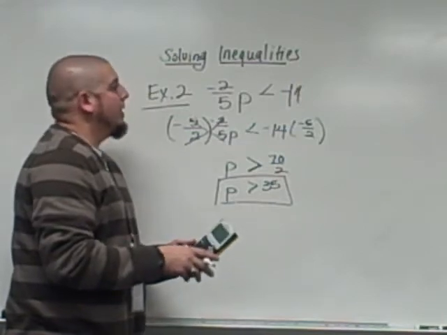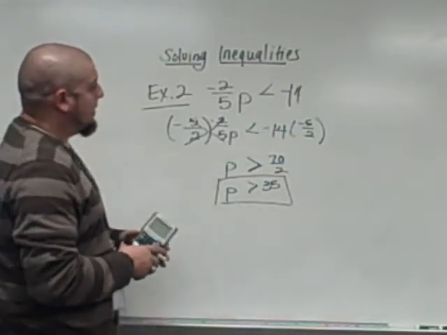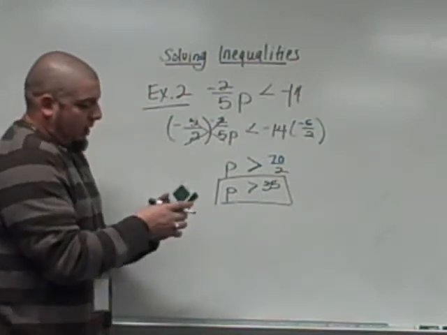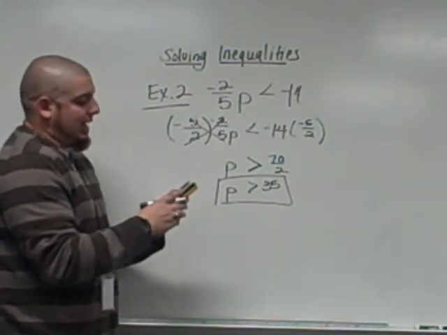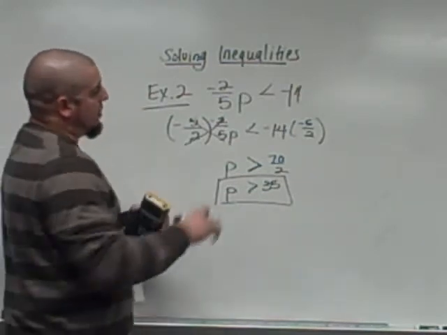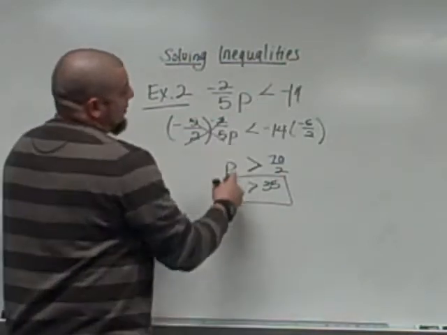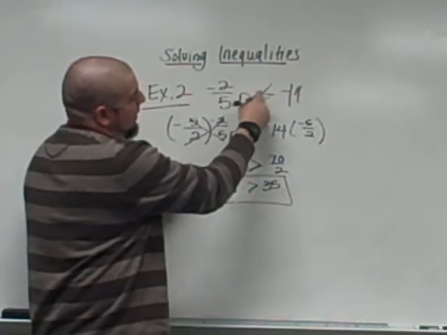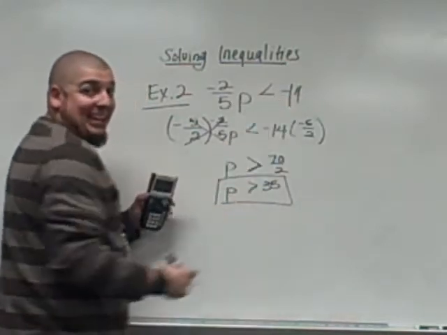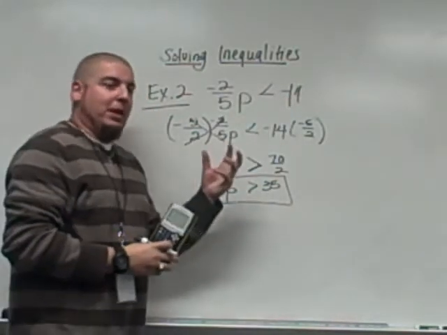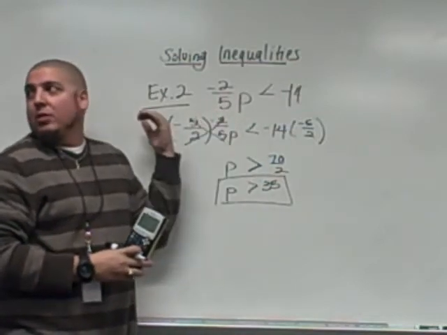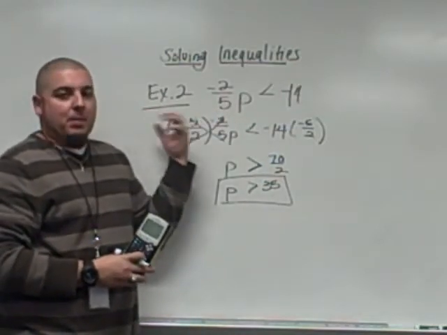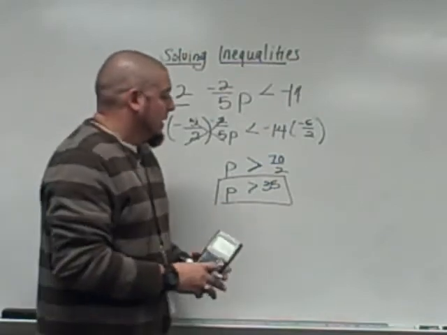I end up with negative 14.4. Or if I change this to a fraction, I get negative 70... well, let's just go with negative 14.4 so you can understand. Is negative 14.4 less than negative 14? It is. I know it seems weird because the number's bigger, but remember, if you go backwards on the negative side, the number is going to be bigger, so that works.